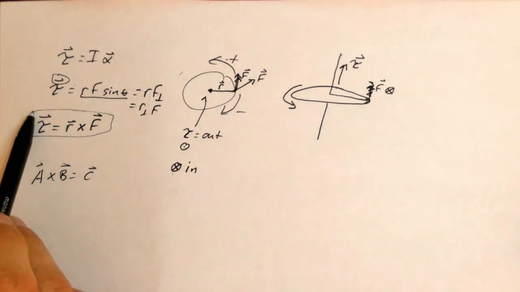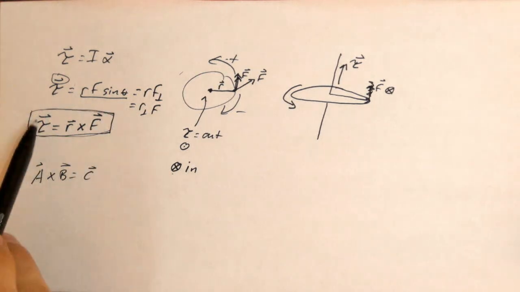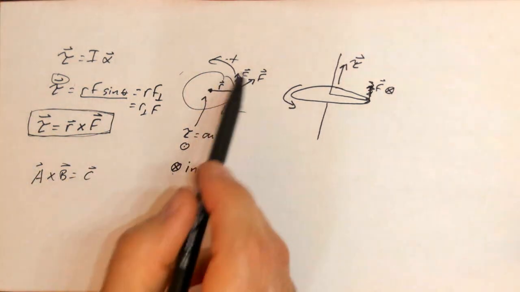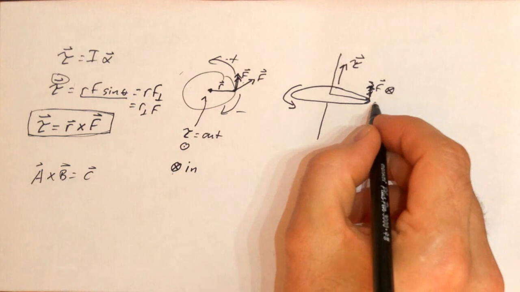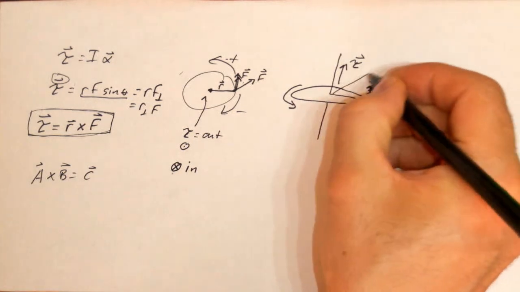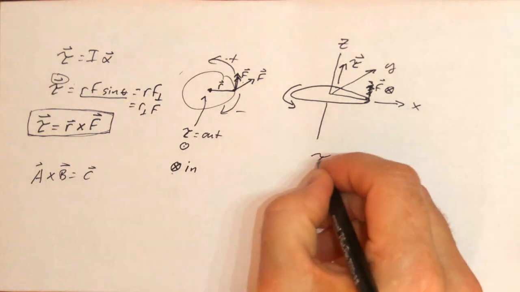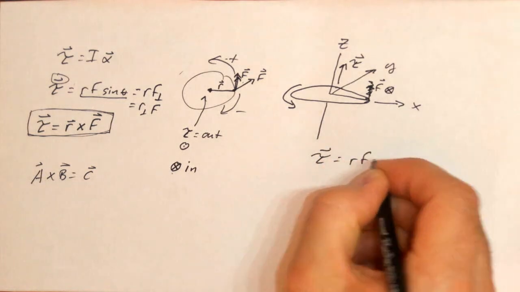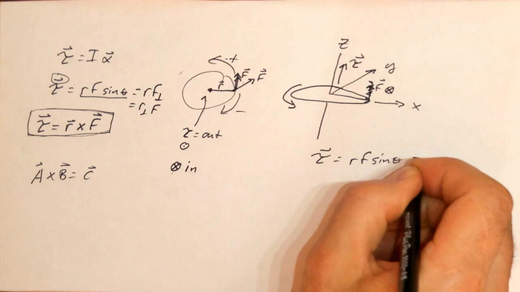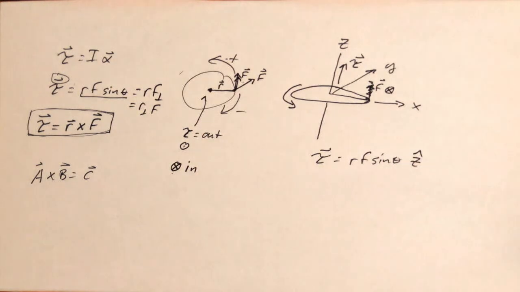But to be formal, it is a vector, which means it has to have a direction. So if this was the case, and we had X, Y, and Z, then tau would be equal to R F sine of theta Z hat. So now I have been able to fully describe this vector.